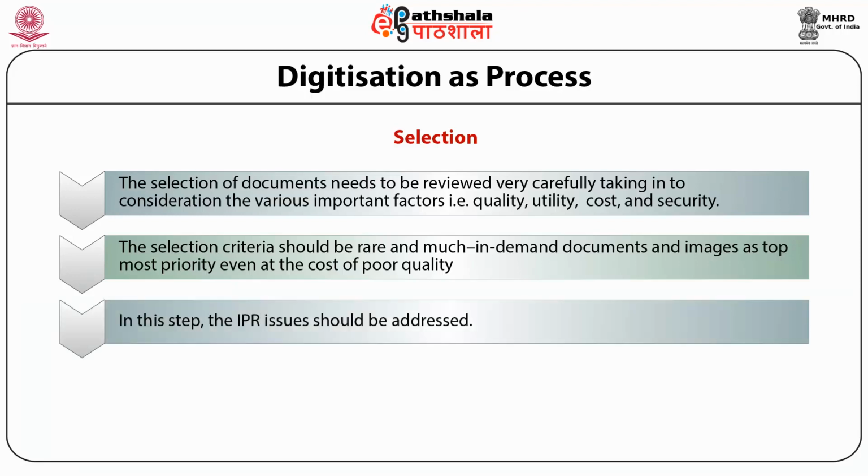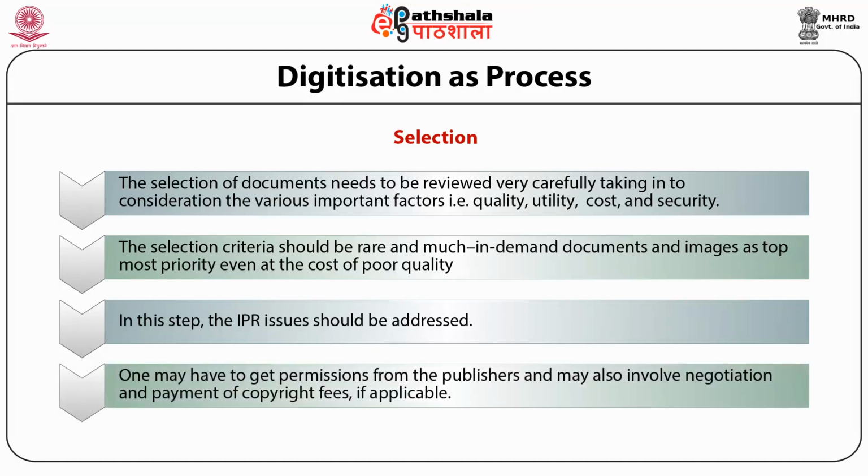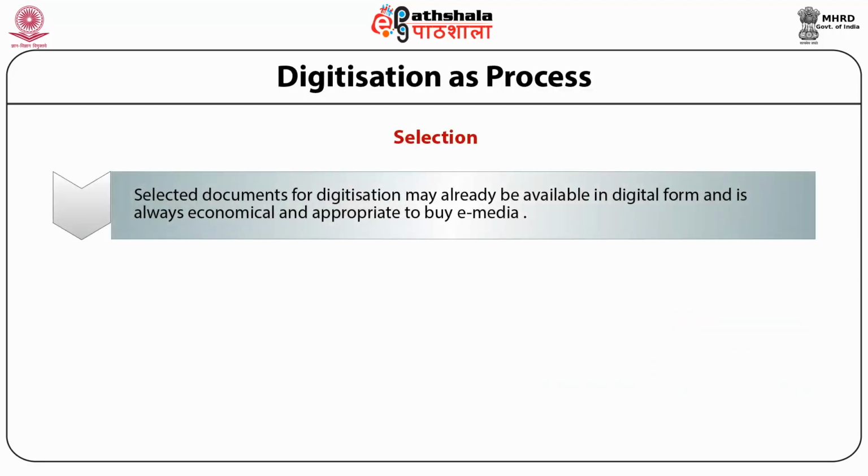In this step, the IPR issues, that is intellectual property rights, should be addressed. One may have to get permission from the publishers and may also involve negotiation and payment of copyright fees if applicable. Selected documents for digitization may already be available in digital form and it is always economical and appropriate to buy e-media.